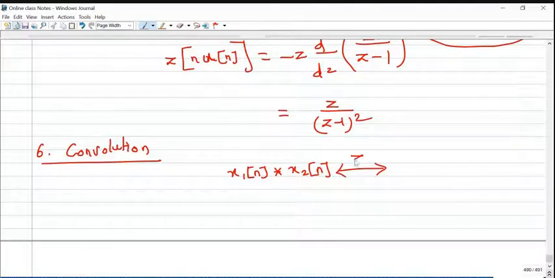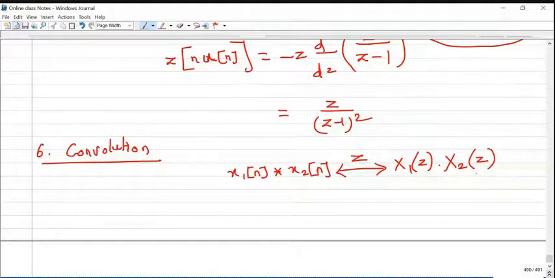If you apply the Z transform, the result will be x1 of Z multiplied with x2 of Z. Understand? Convolution in time domain, multiplication in frequency domain. Using the convolution property, we can find the inverse Z transform.